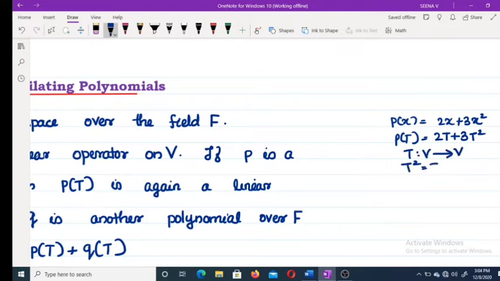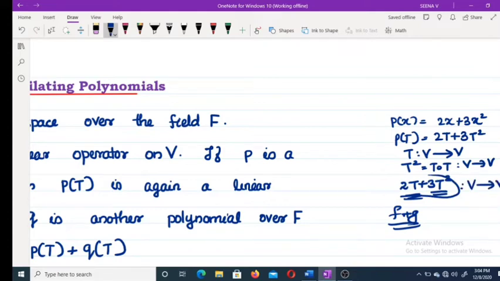T square is T composition T, which is again a linear operator on V. So 2T plus 3T square, all these are linear maps. Suppose f and g are functions, then f plus g is again a function. Therefore 2T plus 3T square is again a linear operator from V to V.